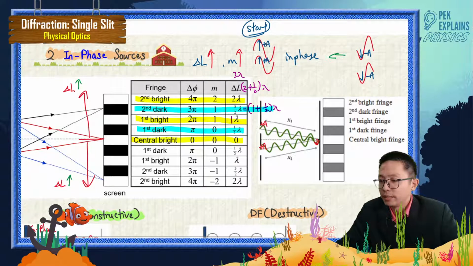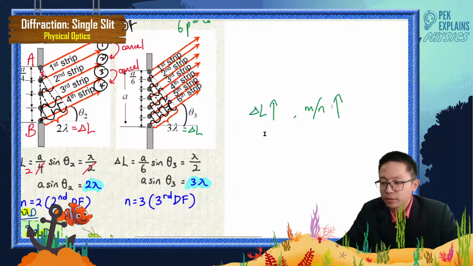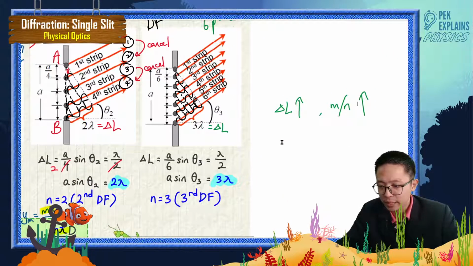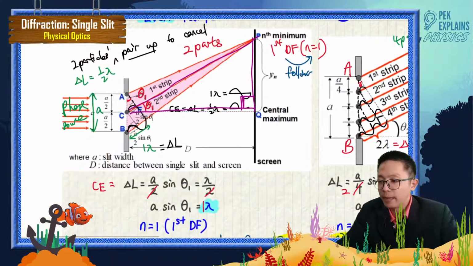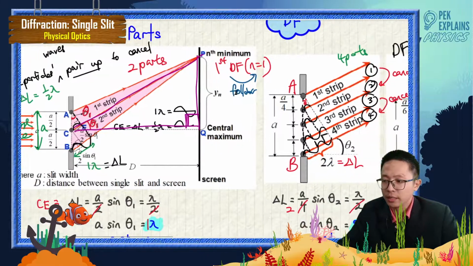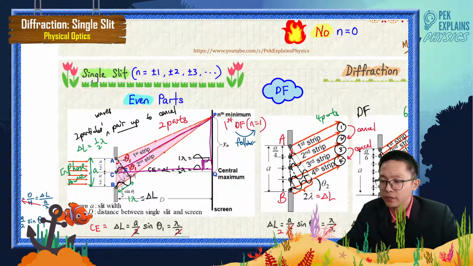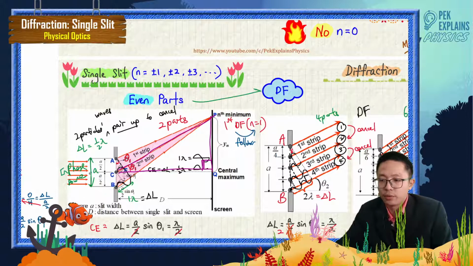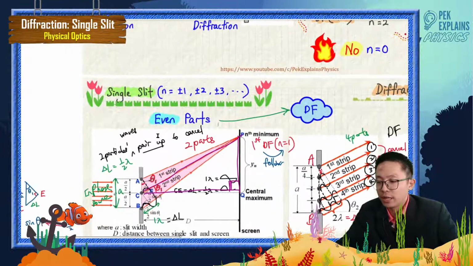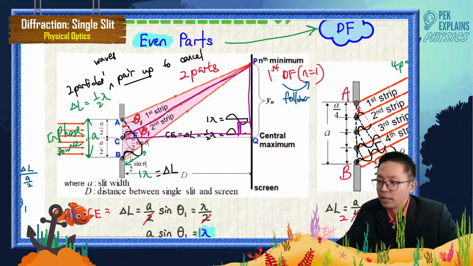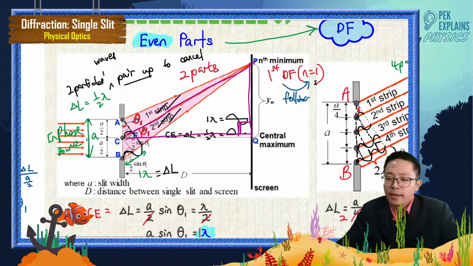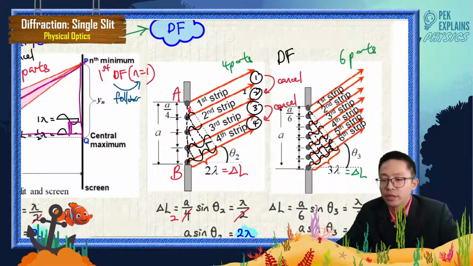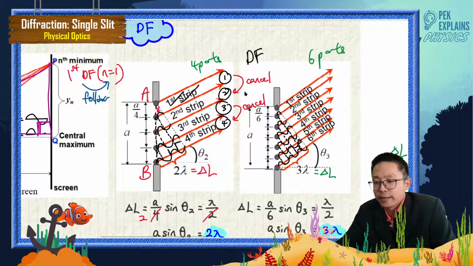Okay, so now let's go back to this one. I think I explained everything already. What I can say is that as long as it is divided into even parts, you will produce a dark fringe, because the first part is cancelled by the second part. This one also, the first part cancelled by the second part, and the third part cancelled by the fourth part.